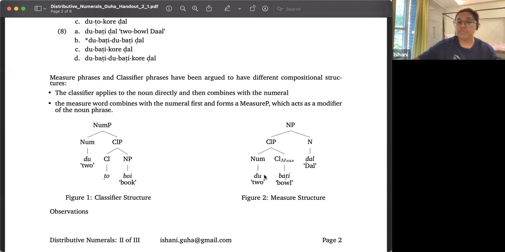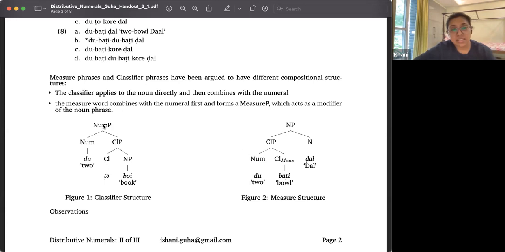On your left, figure 1, you have a determiner kind of structure: the numeral working on the classifier phrase, which contains the noun phrase. And on your right, you have the measure phrase, which is the result of the number and the measure word combining, working as a modifier of the noun. Thus you form the noun phrase.